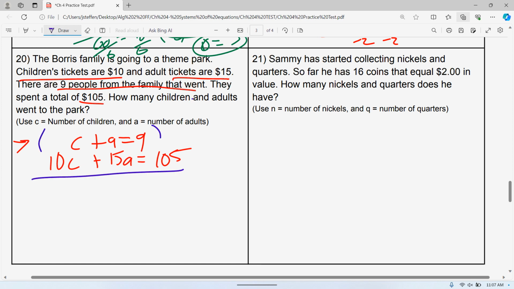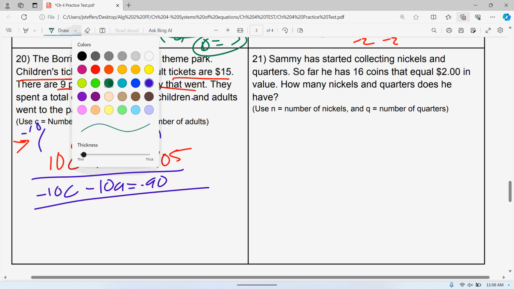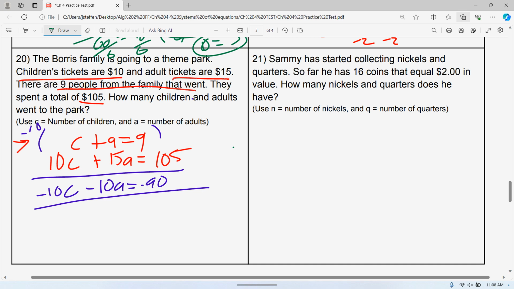Let's multiply the top equation by negative 10. Minus 10 is 5. 90 is 15.